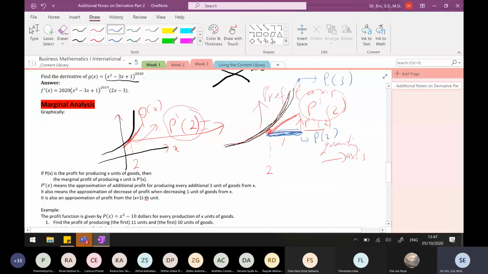So the change is P3 minus P2. This is the profit for producing the third unit. But I can approximate it with this, P prime 2. So P prime 2 is just an approximation of P3 minus P2.